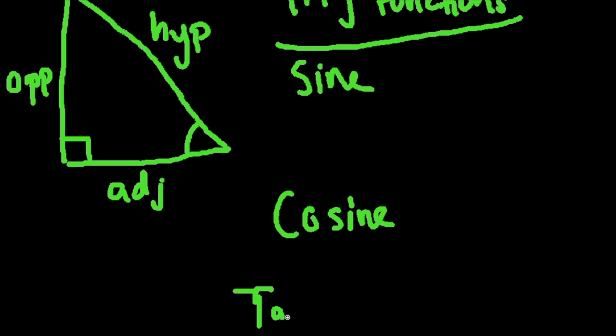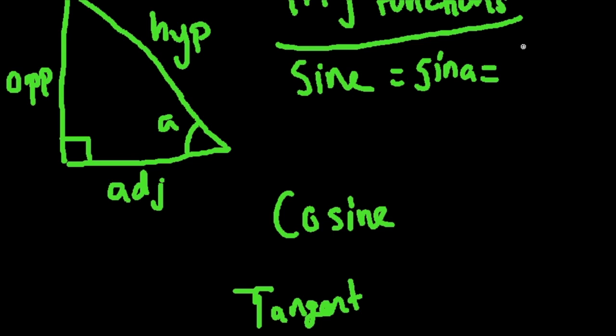Get those up here really quickly. Okay. And those can be written as follows. So we'll label this angle A, and from there, this is the notation you'll write. So sine A equals opposite over hypotenuse.